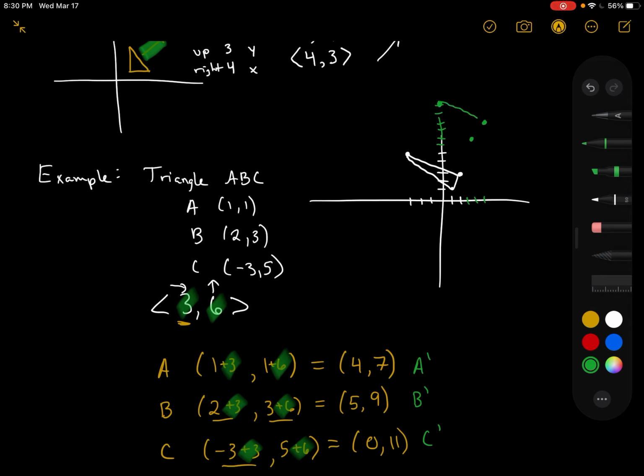And then our new C is at (0, 11). And what we're going to see is this green triangle has moved to the right by 3. Each of the points has gone to the right by 3. And then each of the points has also gone up by 6, up by 6, up by 6.